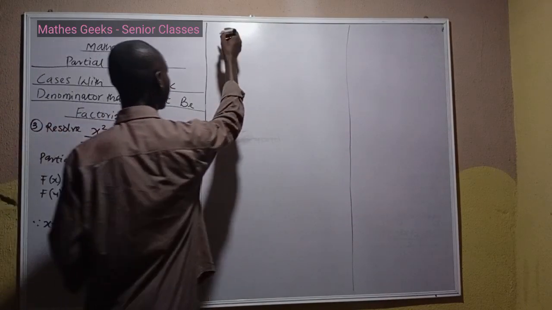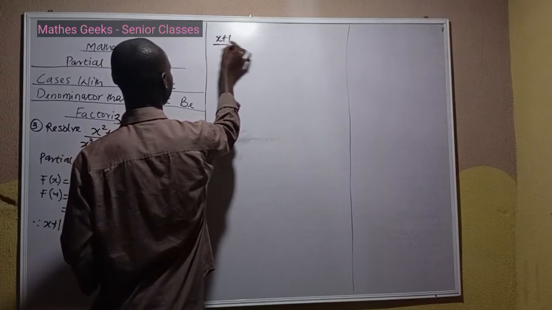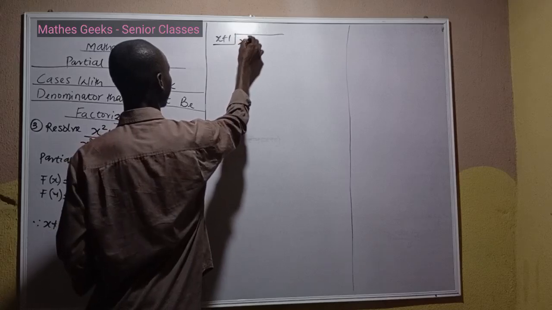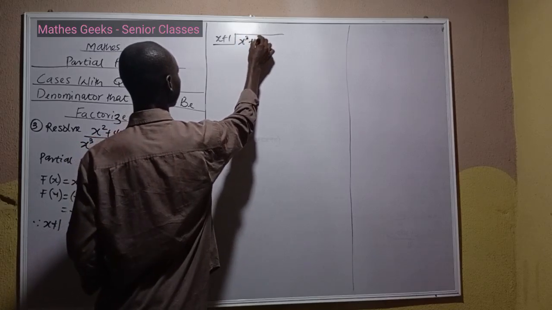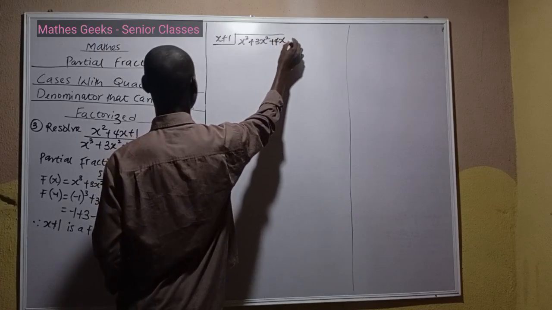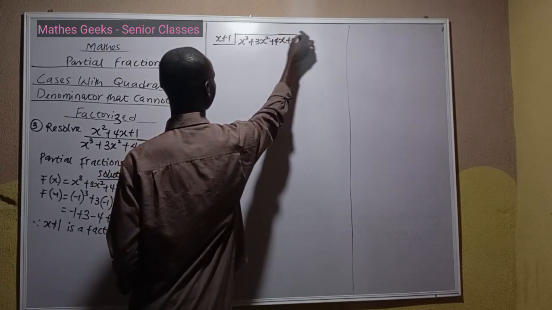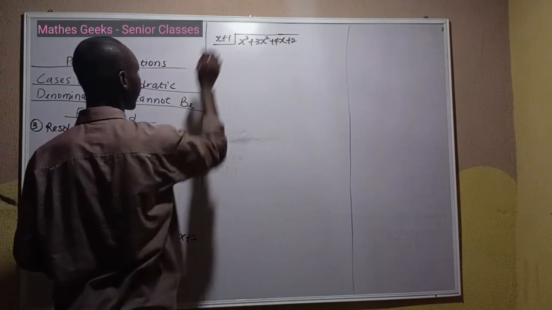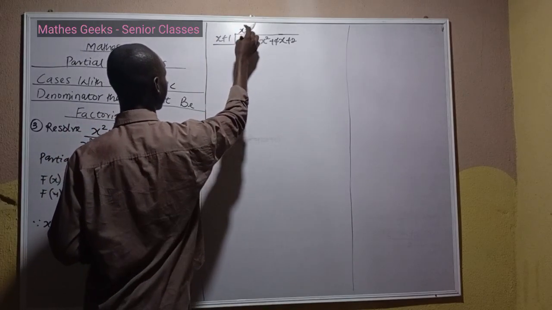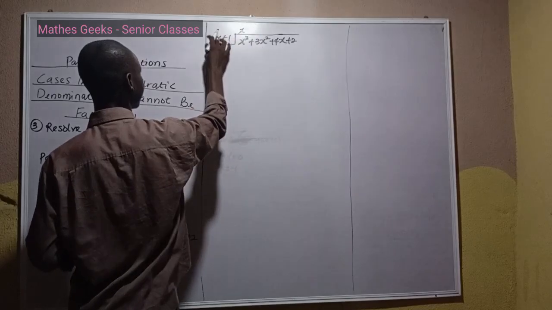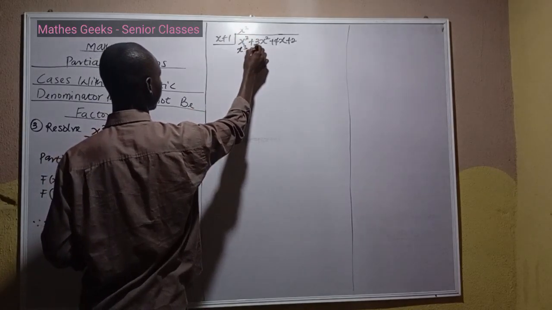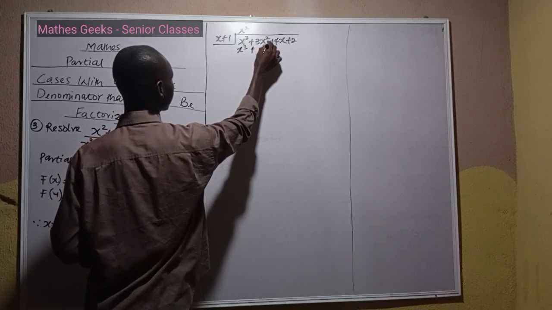So we divide x raised to the power 3 plus 3x squared plus 4x plus 2 by x plus 1. x into x raised to the power 3 gives x raised to the power 2. x squared times x gives us x raised to the power 3. x squared times plus 1 gives us plus x squared.